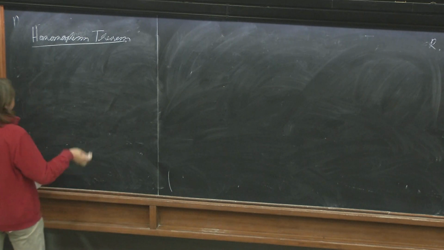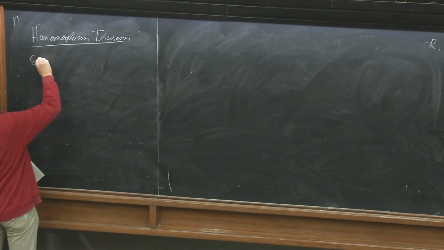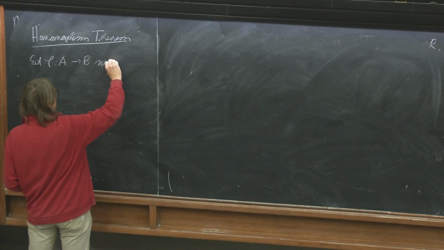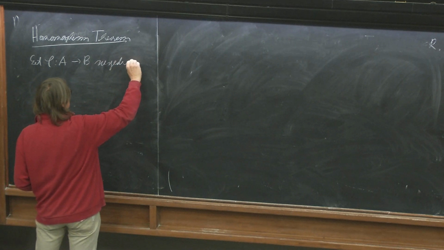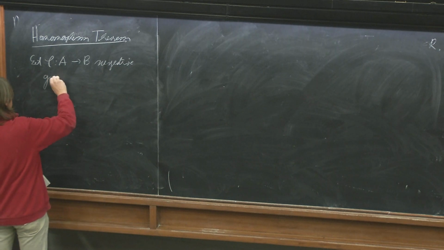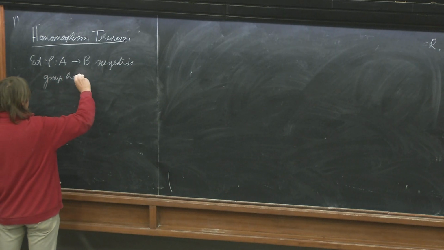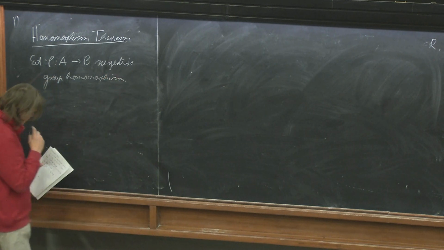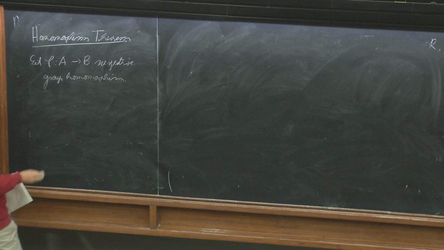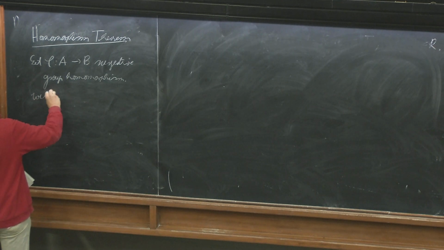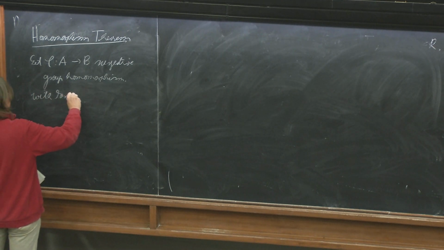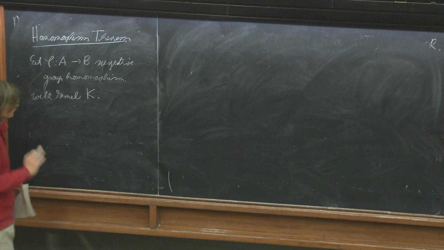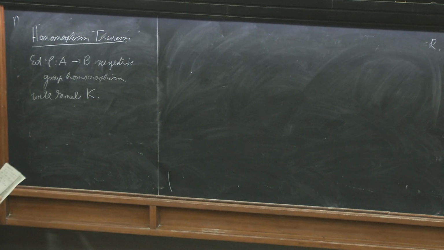It's the usual statement, so let phi be a surjective group homomorphism with kernel K. Call the kernel now K, it's not a field, it's the kernel.